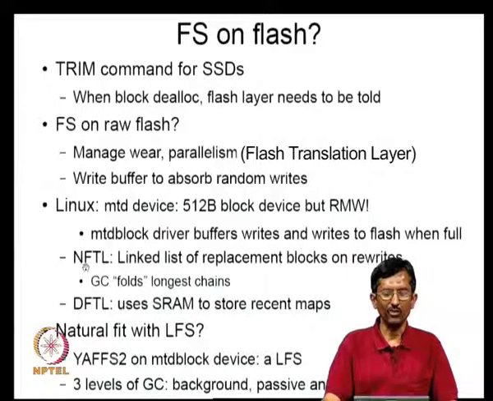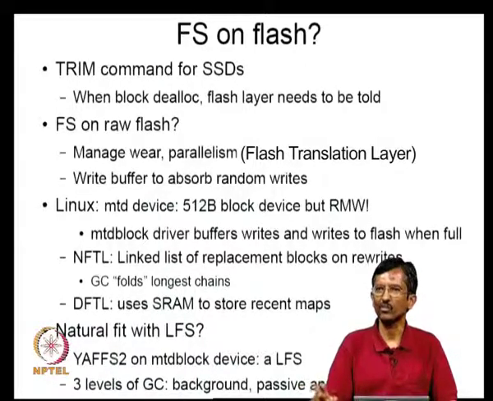So there is also one type of FTL, NFTL. Basically, they have what are called primary blocks and replacement blocks. Anytime you do a rewrite of a particular block, you write it into replacement blocks. So you have a primary block and its updates, and some kind of chain is kept.